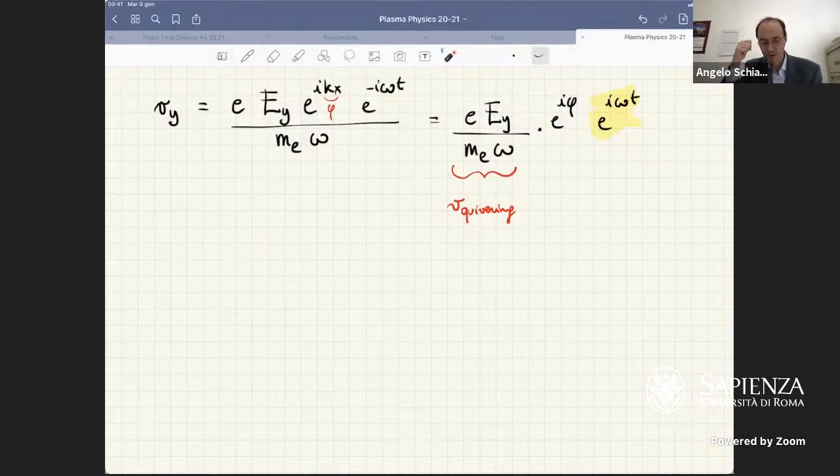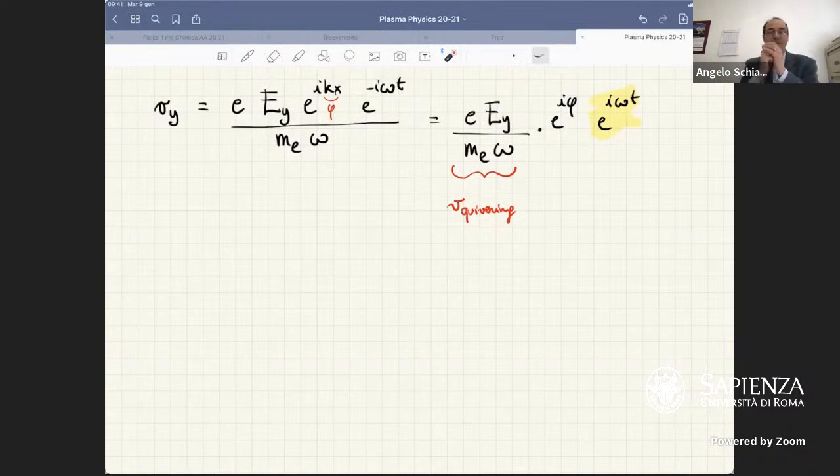So both the acceleration, the speed, the velocity, and the position of the electron are oscillating at the wave frequency. So actually we have a harmonic motion up and down along y of this electron, and the characteristic speed is the quivering velocity.